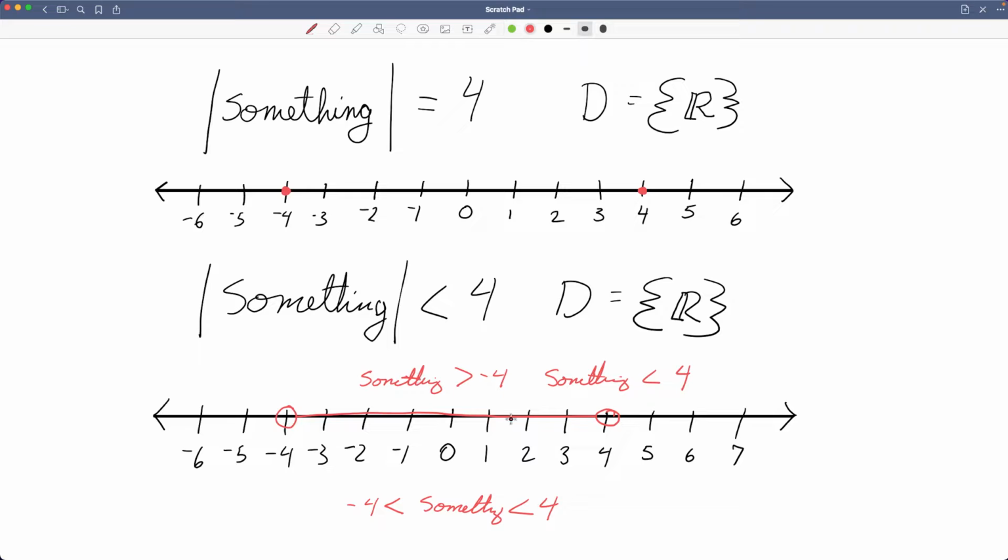So we can combine those two together when we have the opposite symbols there. Thus we see that an absolute value statement of less than can be replaced with two statements that do not contain absolute value but place the same restrictions on the variable. So the value here is reflected in the conjunction here, which we write like this.